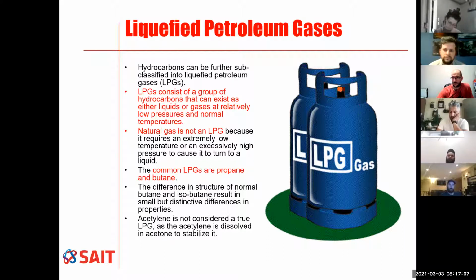Even propane containers and even your butane lighter containers, there always has to be a vapor space because we burn vapor only. We burn gas only, not liquid. That's why there's always a space for them there. And these common LPGs are propane and butane. It goes on to say down at the bottom here that acetylene is not considered to be an LPG because it is dissolved in acetone for stabilization.